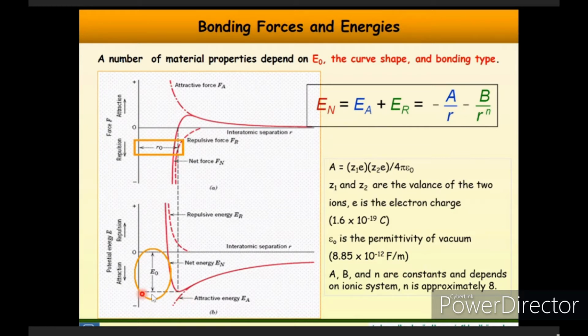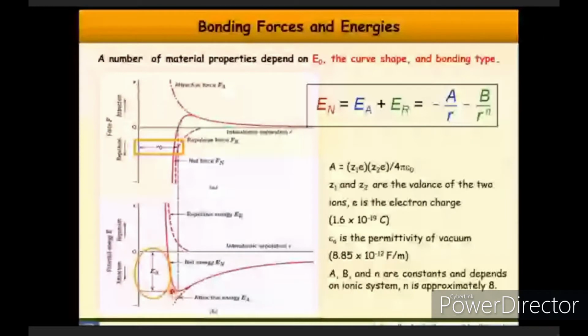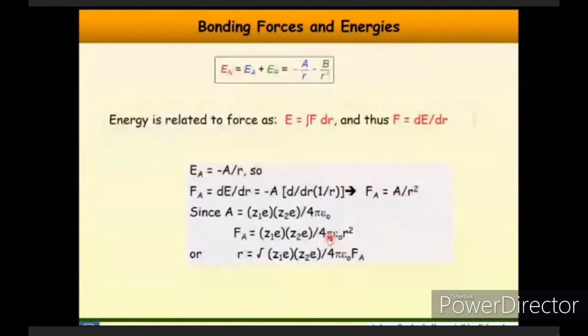At this E naught, at this bond energy, at this interatomic separation, force of attraction is equal to force of repulsion. So this is a maximum attraction there. And if you want to bring them close, they will repel. If you want to separate them, they will resist. They want to remain there at this point. So we have derived one simple formula.